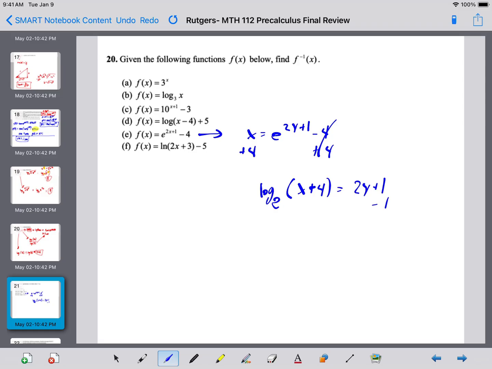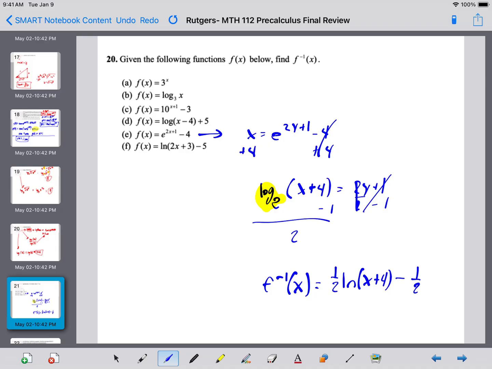You would subtract 1 and then divide by 2. So now I have the inverse of f of x. Remember, log base e is your natural logarithm. So you could say ln of x plus 4, minus 1, over 2, that is 1/2 and 1/2. Okay. So that was E.